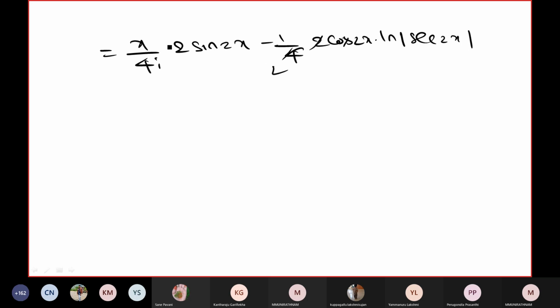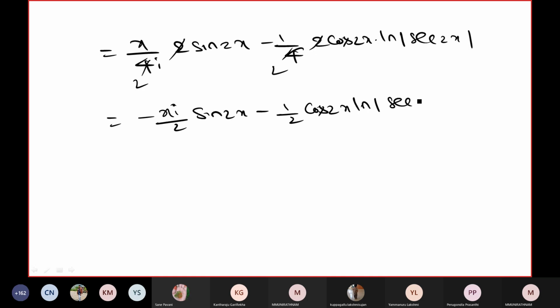So the 2 cancels, 1 by i is minus i, minus xi by 2 sin 2x minus 1 by 2 cos 2x into ln mod secant 2x. That's it. Any doubts, please?